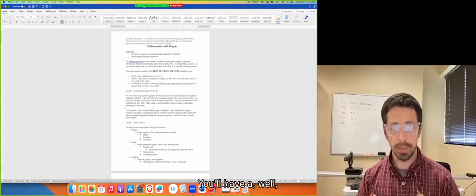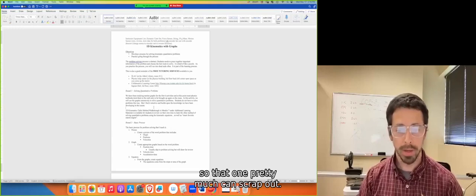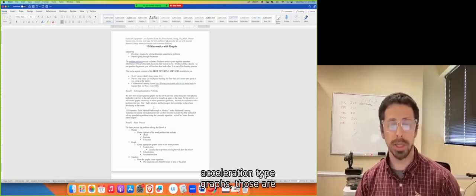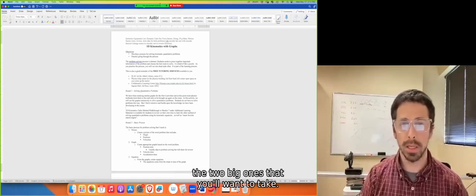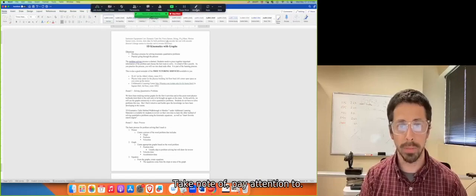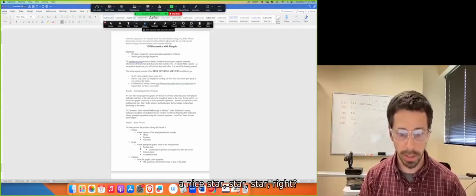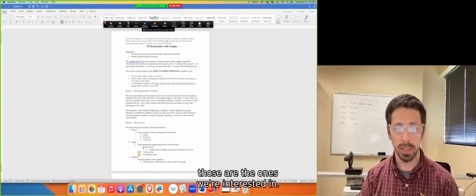Usually we don't draw the position time graph, so that one pretty much can scrap out. But when solving problems, velocity time graphs, acceleration time graphs, those are the 2 big ones that you'll want to take note of, pay attention to. And actually what I'll do is I'll put a nice star. Those are the ones we're interested in.